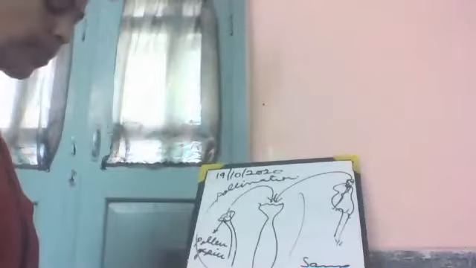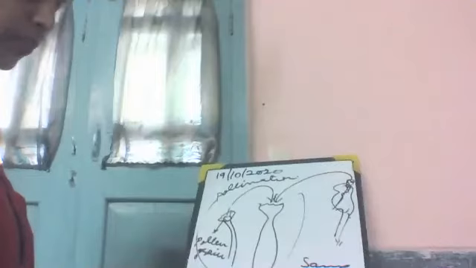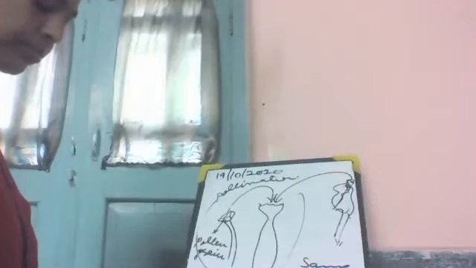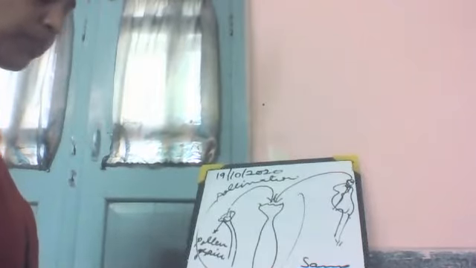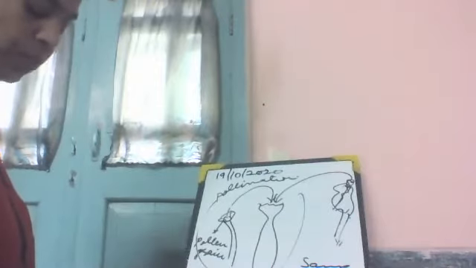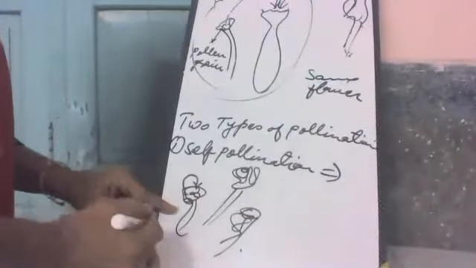See, what is self-pollination? There are many flowers present in one plant. If the pollen grains of this flower transfer to the stigma of this flower, it is known as self-pollination.